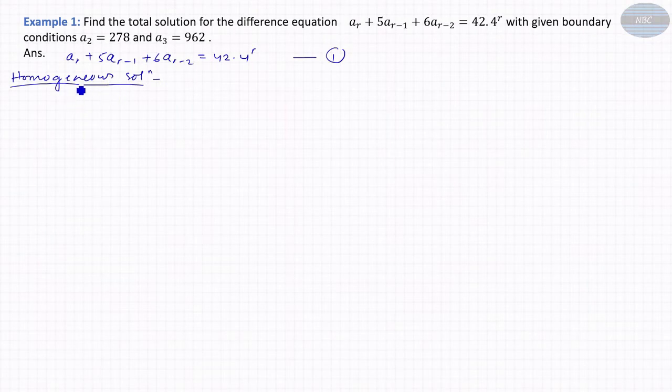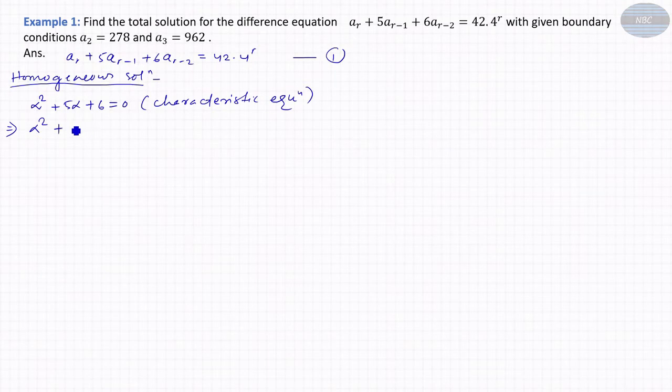We will first write down the characteristic equation, and this is alpha squared plus 5 alpha plus 6 is equal to 0. Now let us factorize this and solve this characteristic equation. 5 alpha can be written as 3 alpha plus 2 alpha.